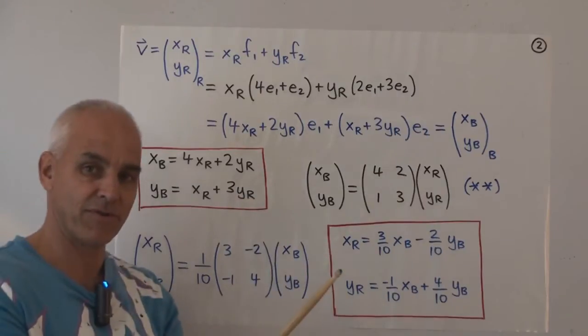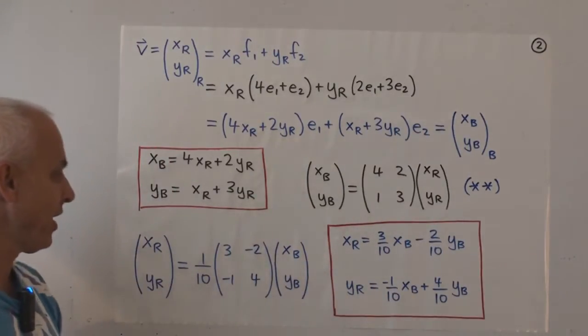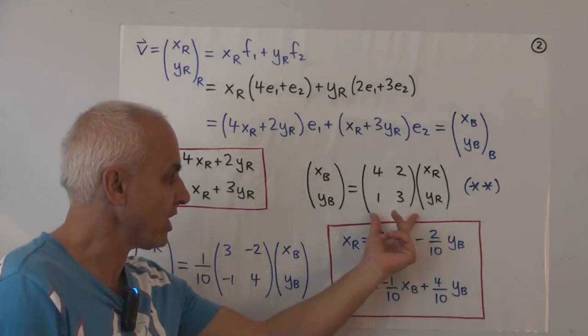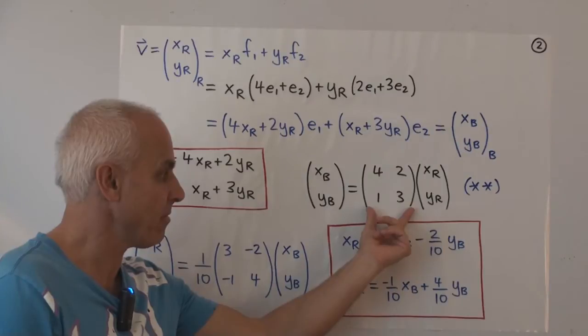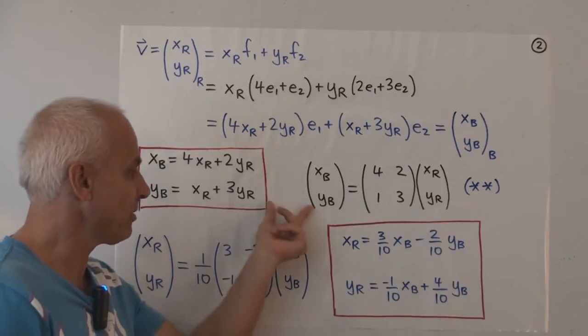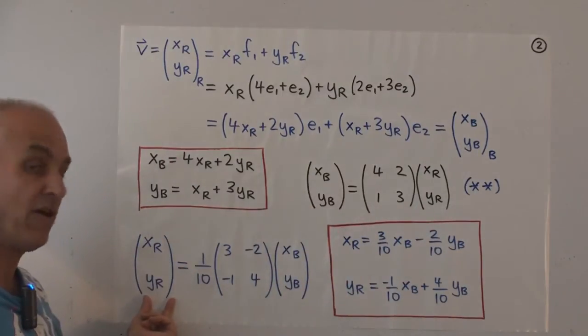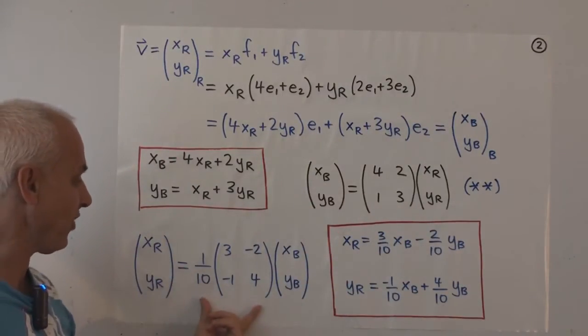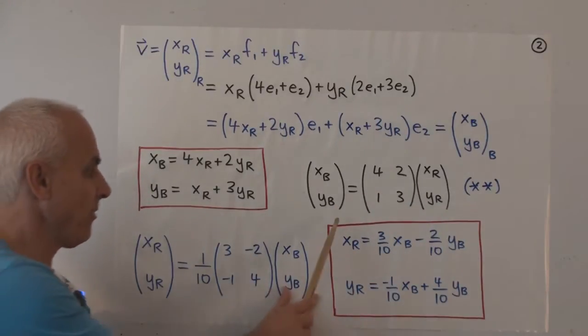We can also invert, because there's a symmetry between Bob and Rachel here. So we can invert this relation by dividing by this matrix. If we divide this by this matrix, that's the same as multiplying by the inverse. Then we multiply by the inverse on this side, and then xr, yr is all by itself. And it equals the inverse of this matrix, which is right here, times this vector.